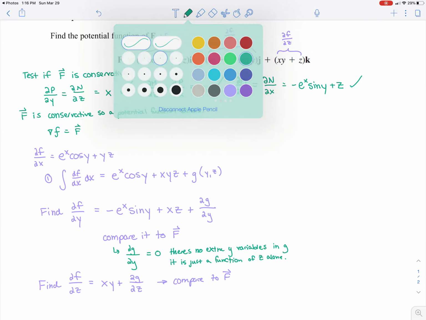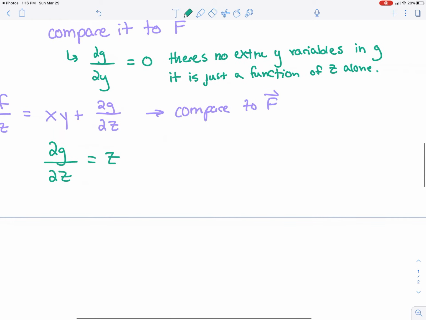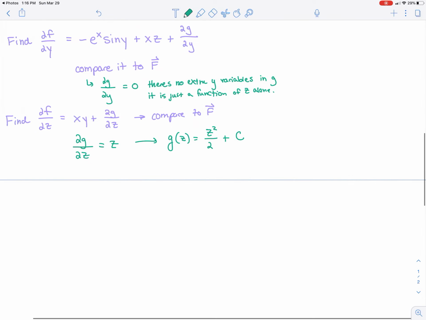So it told us about that constant of integration. We know dg dz must be equal to z, and then we can integrate both sides. So then that function at the end is equal to z squared divided by 2 plus c, and we got that by integrating both sides.